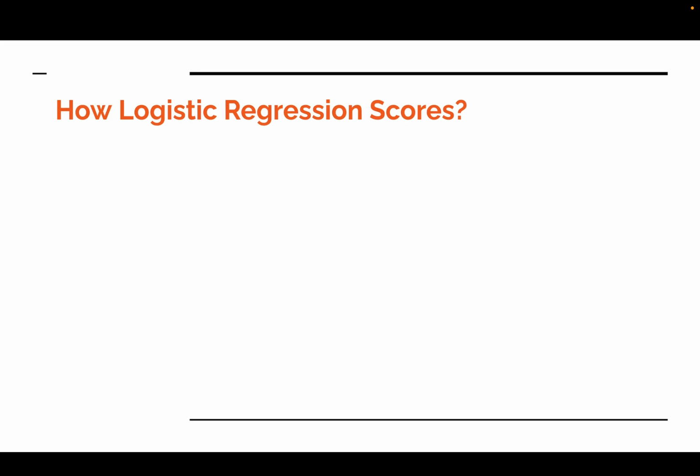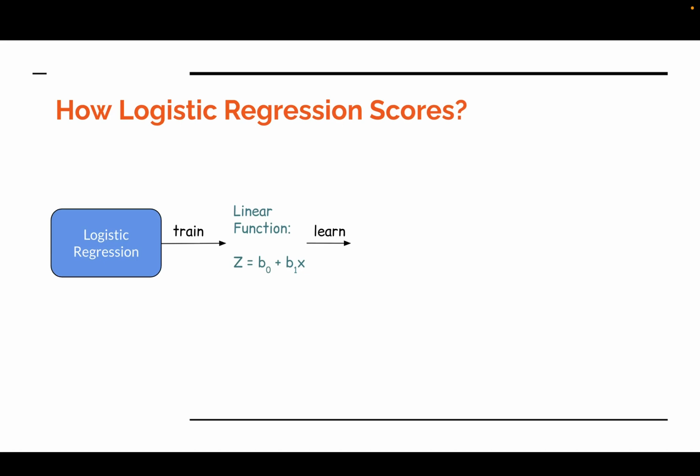How does logistic regression reach the probability score? Now let's understand that. So consider we are training a logistic regression model. Here first it will learn the linear function, which is z is equal to b0 plus b1x. Once you train the model, these parameters get updated, which is minus 4 and plus 1. So plus 1 is our coefficient and minus 4 is our intercept.